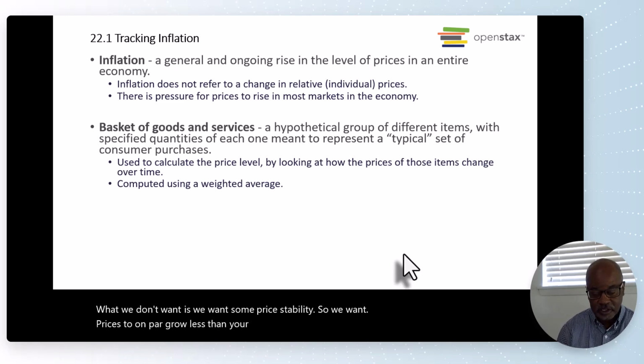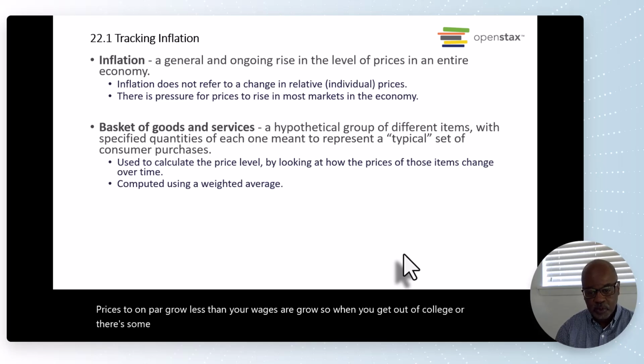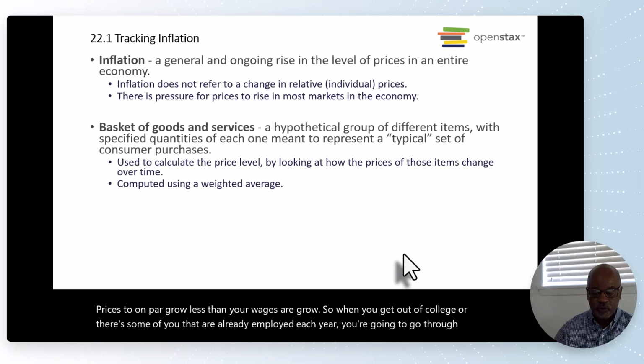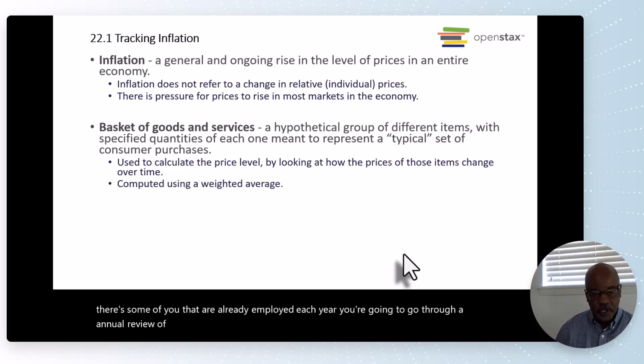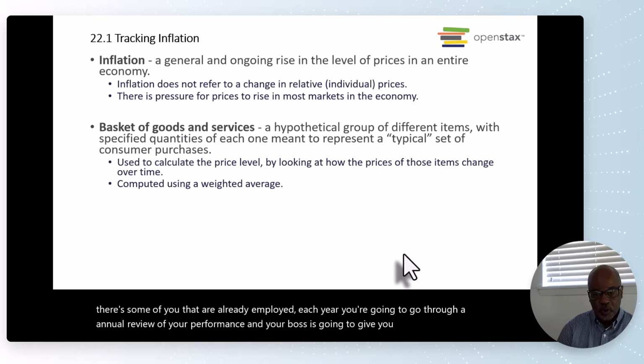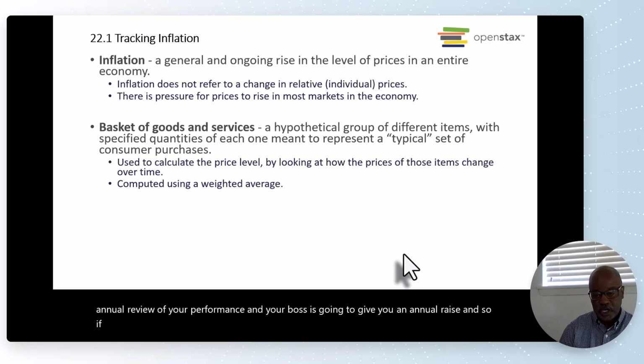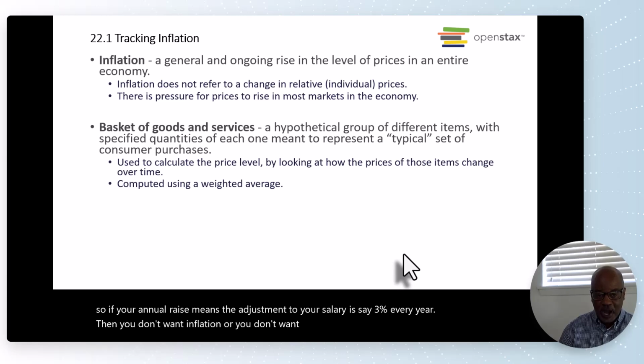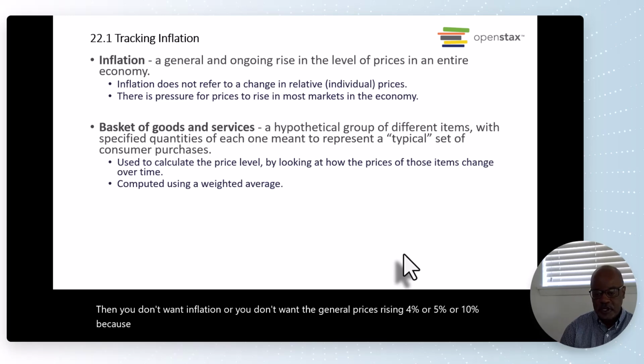So when you get out of college, or there's some of you that are already employed, each year you're going to go through an annual review of your performance, and your boss is going to give you an annual raise. If your annual raise means the adjustment to your salary is, say, 3% every year, then you don't want the general prices rising 4% or 5% or 10%, because that means that your purchasing power, that additional 3%, has been eroded.